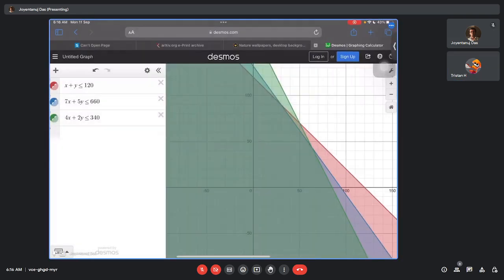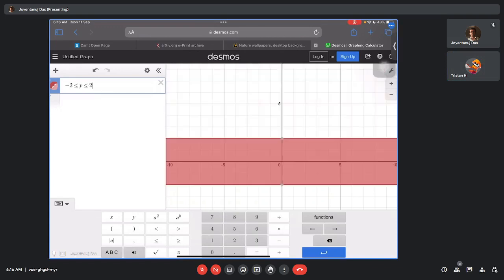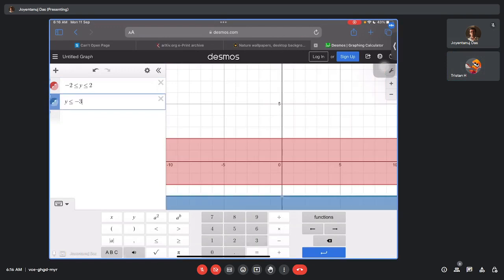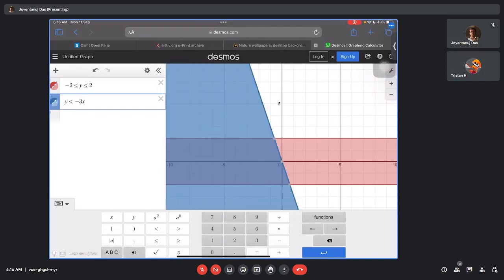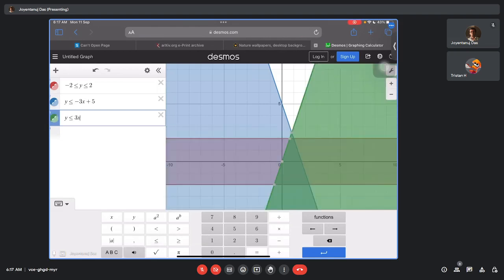So we have minus 2 less than or equal to y less than or equal to 2. And then you have y less than or equal to minus 3x plus 5. And you have y less than or equal to 3x plus 5.